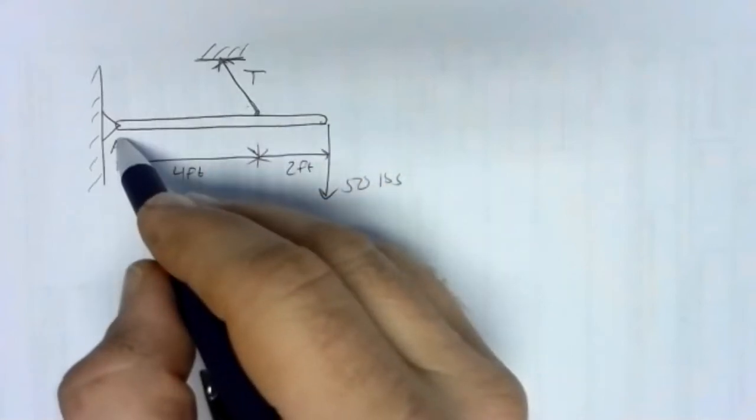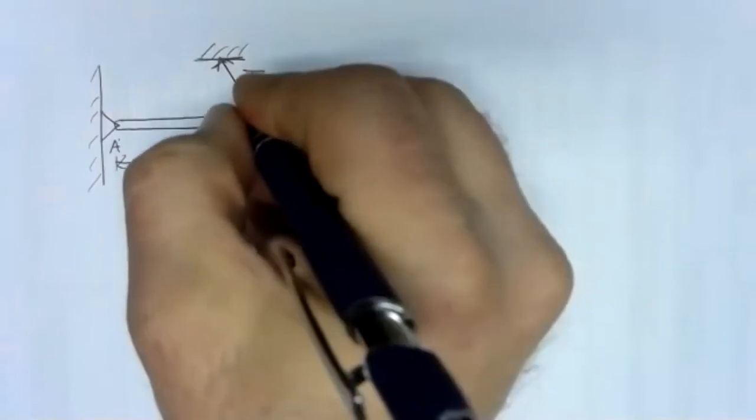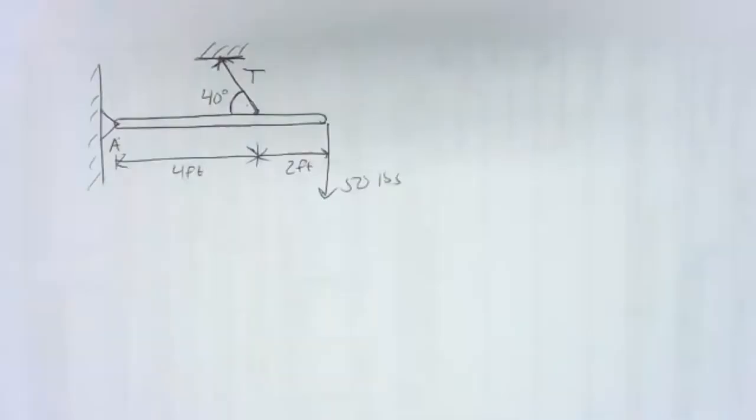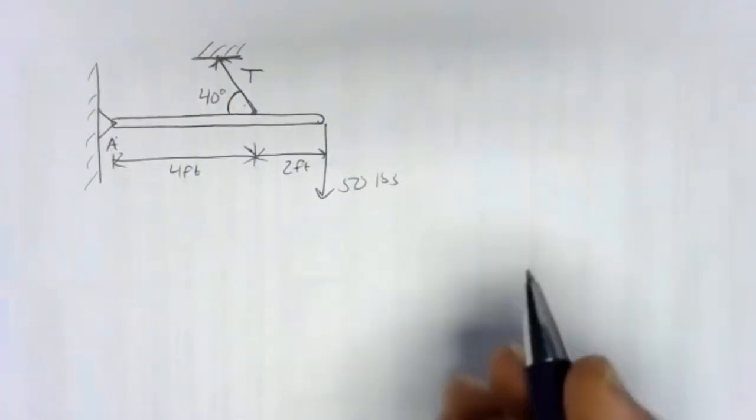I also have 2 unknowns from my pin. That's 4 unknowns. I've only got 3 equations. So I've got to give you an angle here. So let's make that angle 40 degrees. So we'll find out what the tension in the rope would be and what the support reaction forces at A would be if we've got that rope at 40 degrees.